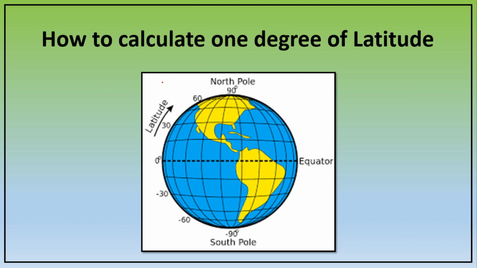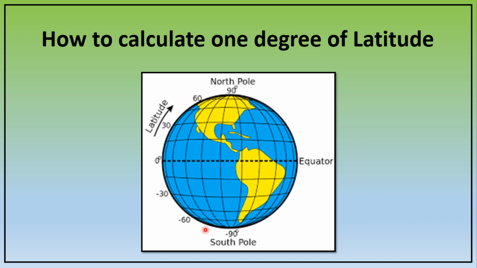Now, how do we calculate 1 degree of latitude? Now, students, we all know that the equator is a great circle and it is found right at the center, and it has a circumference of 40,000 kilometers. So, this equator around the earth makes a whopping 40,000 kilometers in length.